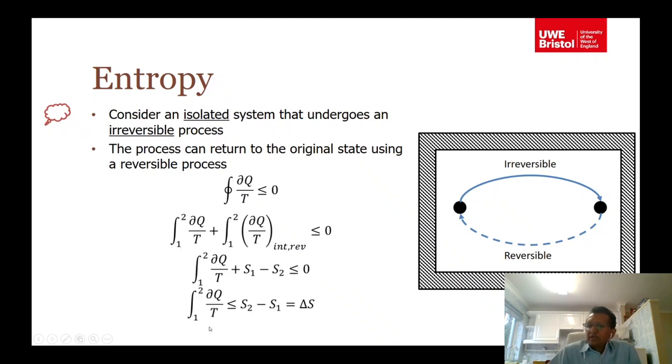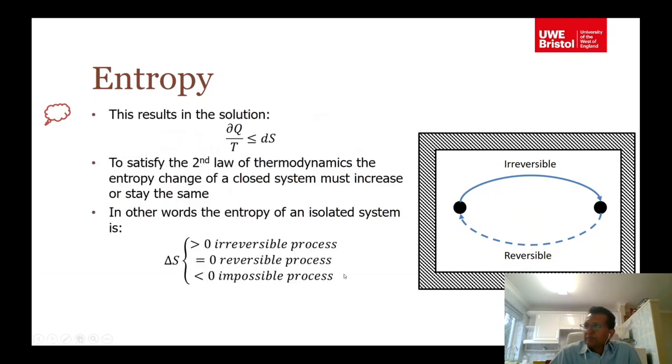So for any process, if you integrate delta Q over T from the first state to the second, you will see that delta S, the change in entropy, has increased. Delta S is greater than 0 for an irreversible process, equal to 0 for a reversible process, and less than 0 is an impossible process.